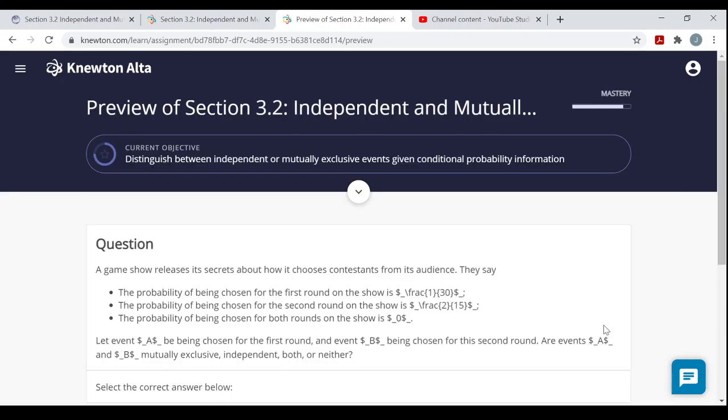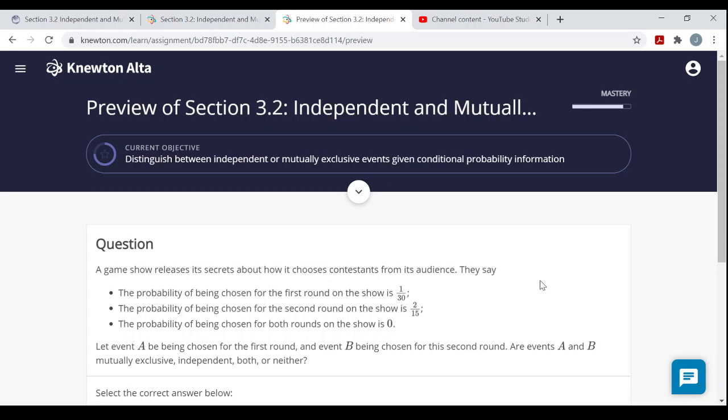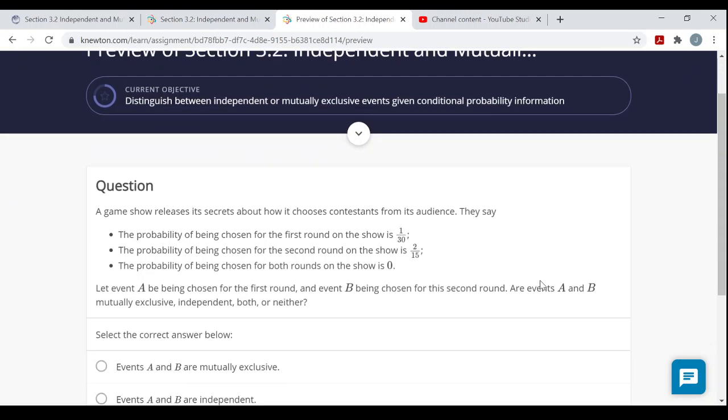It looks like I got one more here. All right, so this one they tell us something similar. A game show releases its secrets about how it chooses contestants from the audience. They say the probability of being chosen for the first round on the show is 1 out of 30. The probability of being chosen for the second round on the show is 2 out of 15.